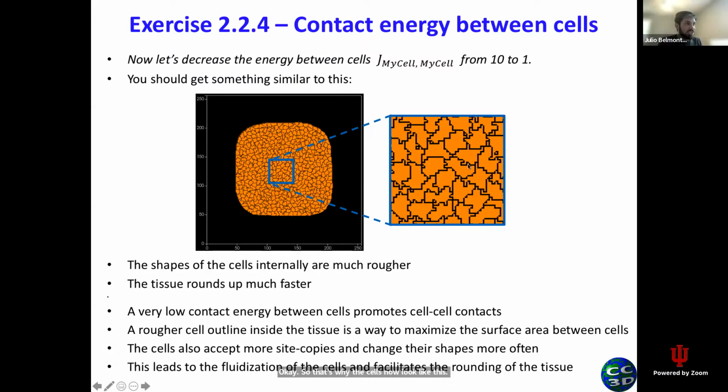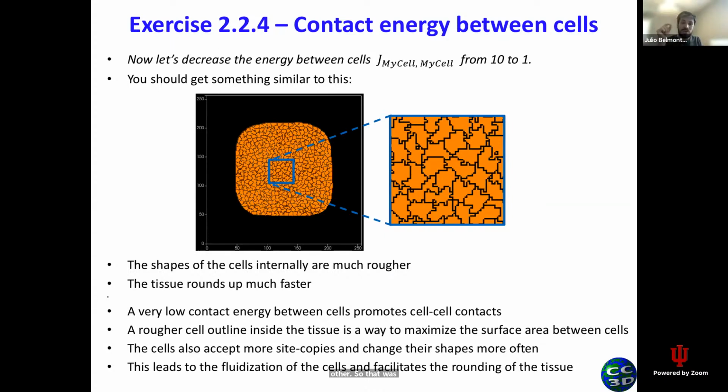So that's why the cells now look like this, okay? And this is the shape of a mesenchymal cell, essentially, right? So the cells look like that, except that they are inside, surrounded by other cells, okay? So that's what's happening.